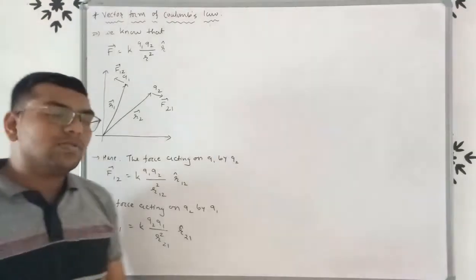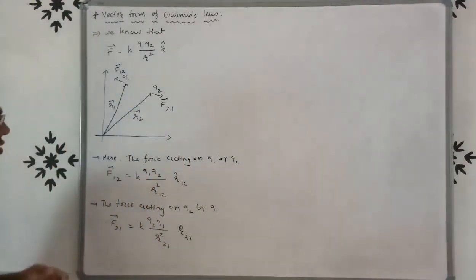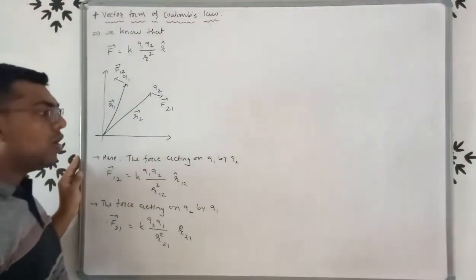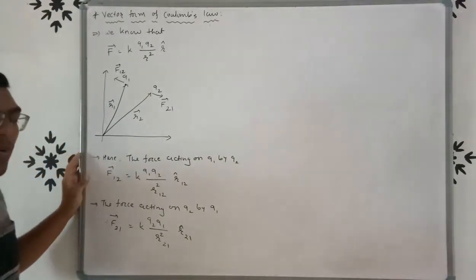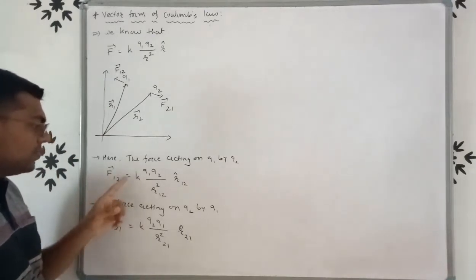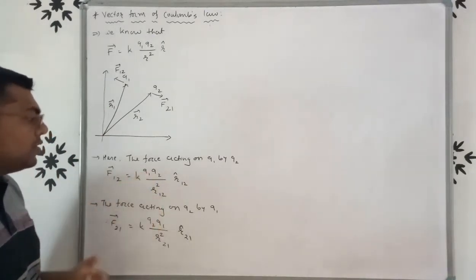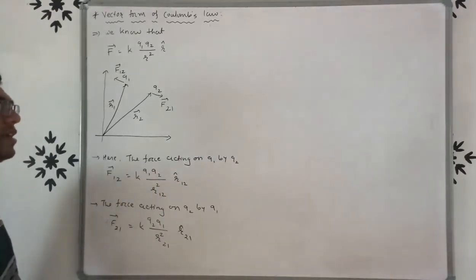Now there are two forces, F12 and F21. The force acting on q1 by q2, we write F12. So F12 is equal to K, here first 1, 2, so q1 q2 upon R square 1, 2 into R12 cap.